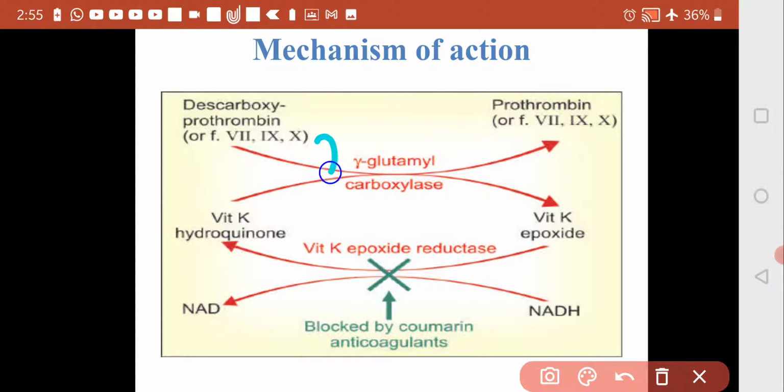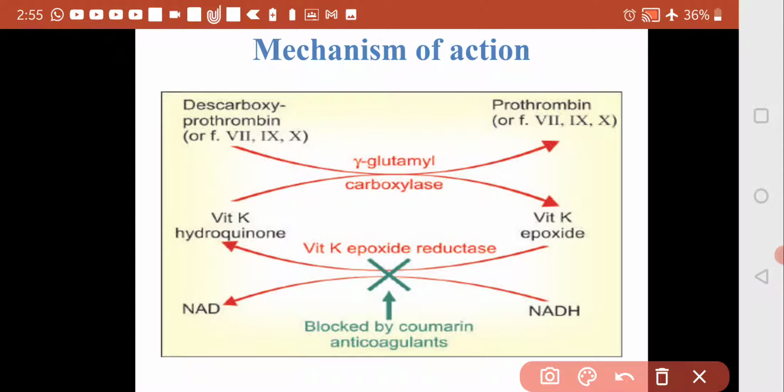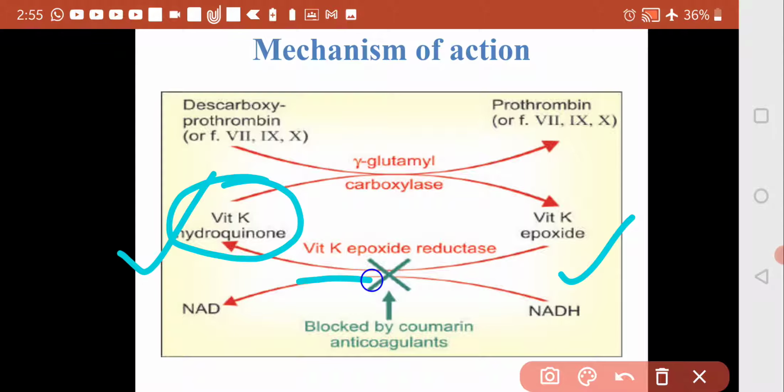Factor 2 is prothrombin. So activation of factors 2, 7, 9 and 10 requires this reduced form of vitamin K, and this reduced form is derived from vitamin K epoxide by the vitamin K epoxide reductase enzyme.